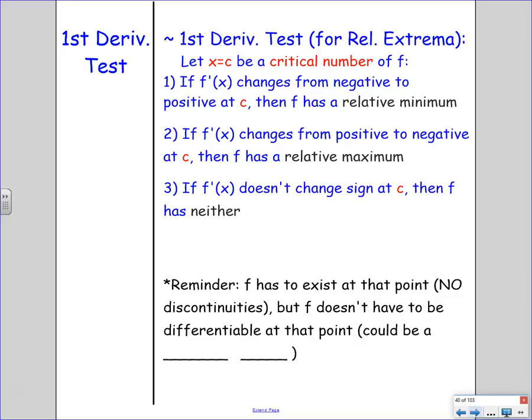The second part of our section. Remember the long title for section 3.3? The increasing and decreasing test and the first derivative test for relative extrema. Here's part 2: the first derivative test for relative extrema. How to find relative extrema with the first derivative.